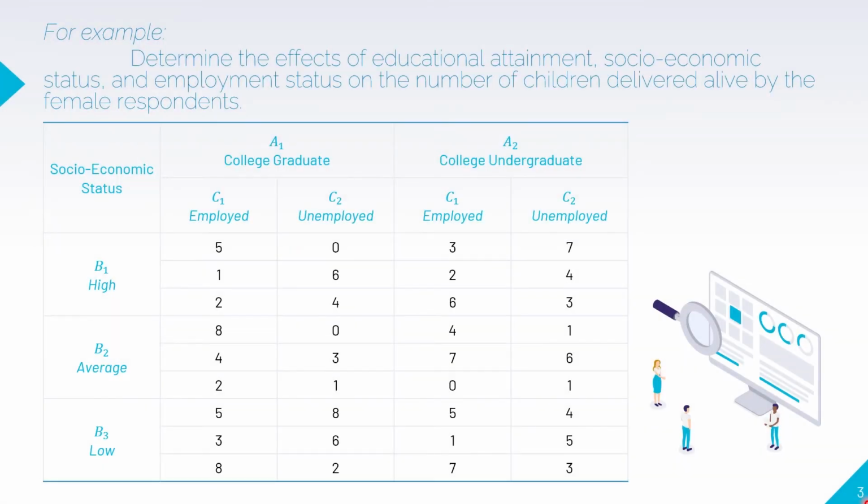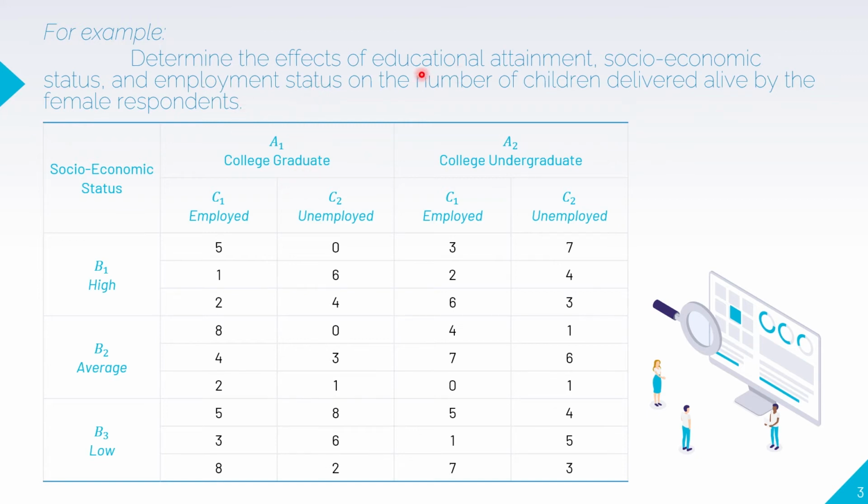For example, determine the effects of educational attainment, socioeconomic status, and employment status on the number of children delivered alive by the female respondents. So, in our three-way ANOVA, we now have three factors. In our example, we have educational attainment, socioeconomic status, and employment status.